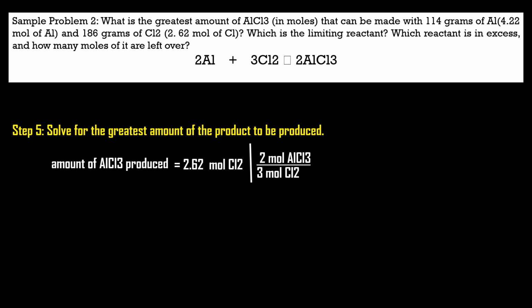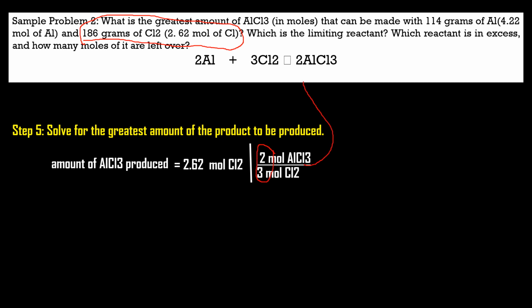Now, where did we get the different values? So for the 2.62 moles of Cl2, it is actually the moles given based from the problem. How about the 2 moles of AlCl3 and 3 moles of Cl2?